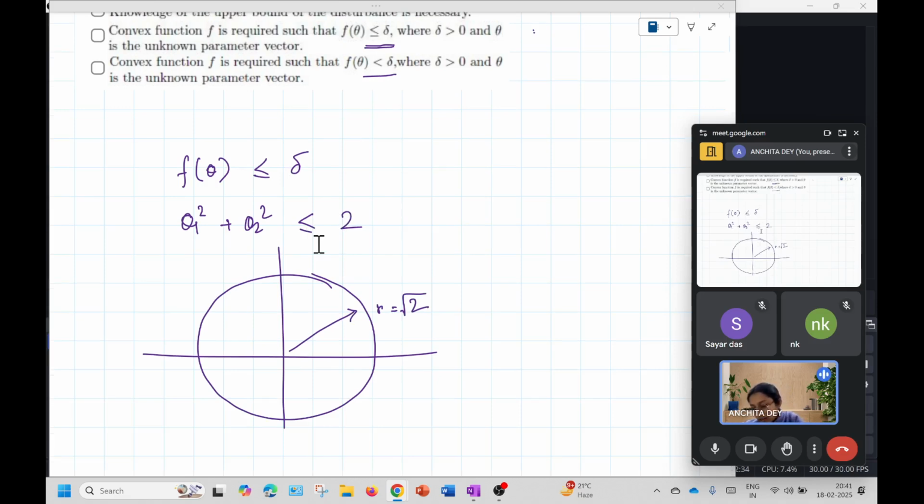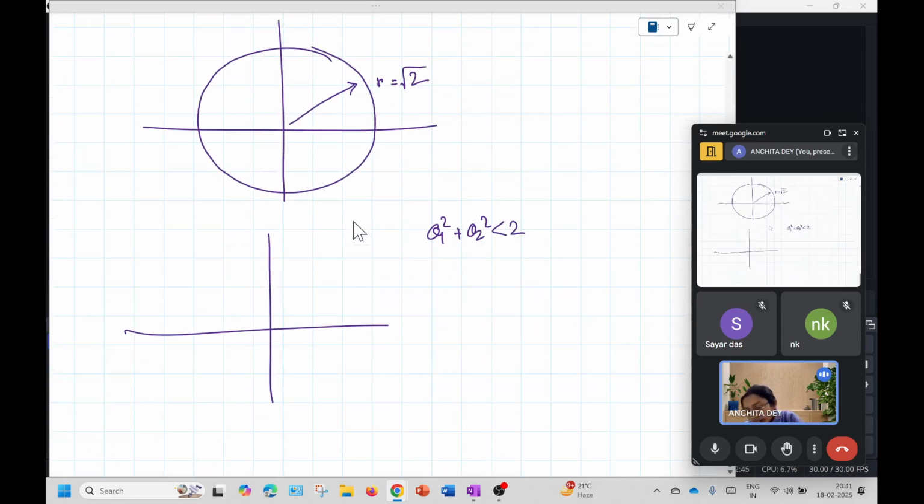Otherwise, if I say that theta 1 square plus theta 2 square is less than 2, then what you will have is only a region like this.